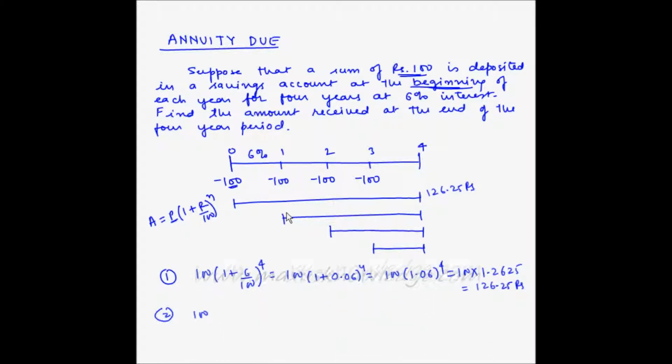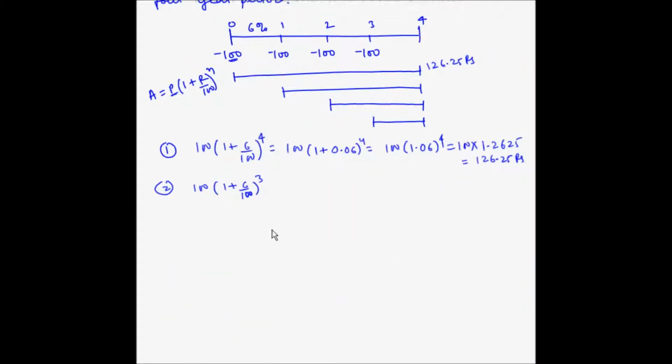So this will accumulate compound interest for the remaining 3 years. 1 plus 6 by 100 to the power 3. So this is equal to 100 into 1 plus 0.06 to the power 3.